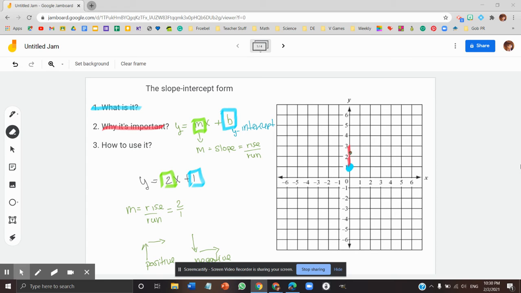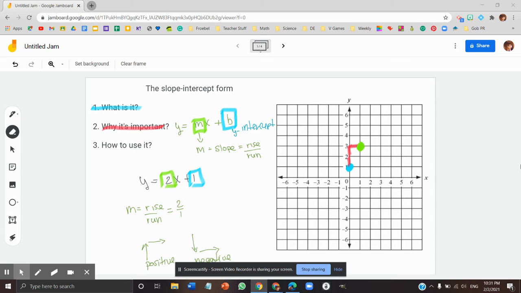And I'm going to run to my right, how many times? 1 time. So therefore my next point should be right there.